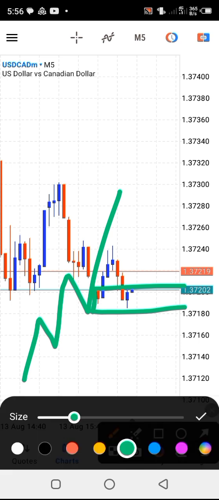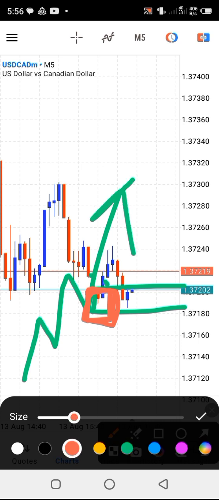Let me turn this to red. There could be a bearish candle exactly at this level. Pay attention to the line drawing I'm making. So you have a bearish candle right there before this impulsive move to the upside. Along this leg there's a bearish candle, so that bearish candle is an order block.